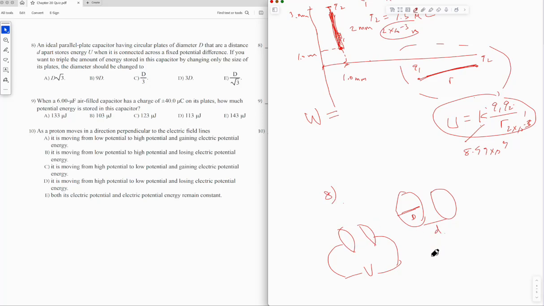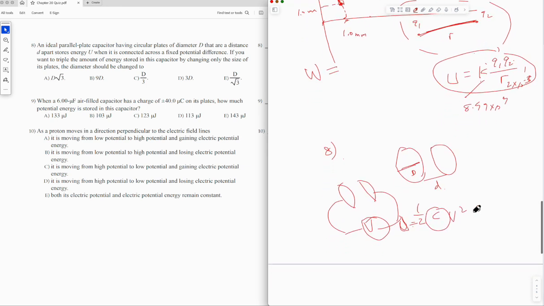All right, so the voltage is fixed. The energy stored is U equal to 1/2 C V squared. So what's C? C equals epsilon naught A over d. And A, because this is a disk, is pi times D over 2 squared, divided by the separation.